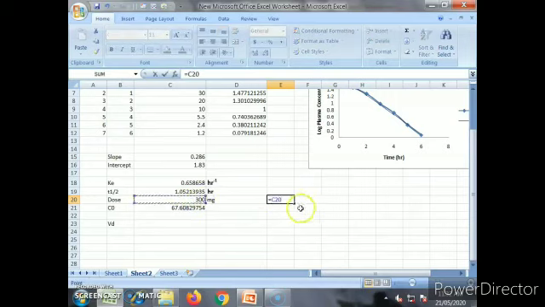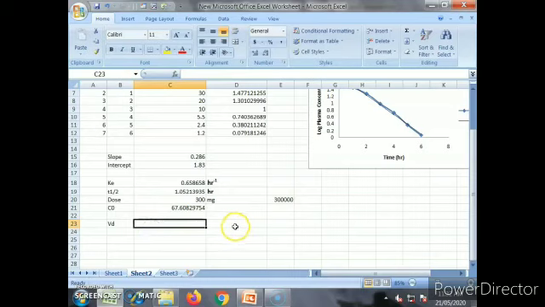We multiply by 1000. So in this way we now add this value: dose divided by plasma drug concentration.